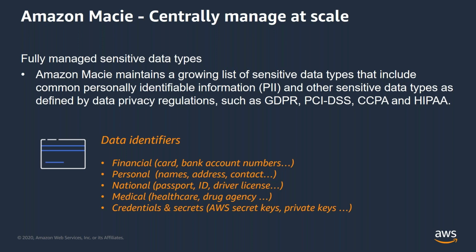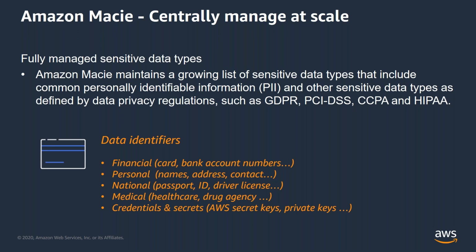So Macie provides a wide array of built-in data identifiers that can automatically identify information such as financial, which could be credit card numbers, bank account numbers, personal information such as names, addresses, contact, national IDs, such as passports, social security numbers, or driver licenses, healthcare and medical information.